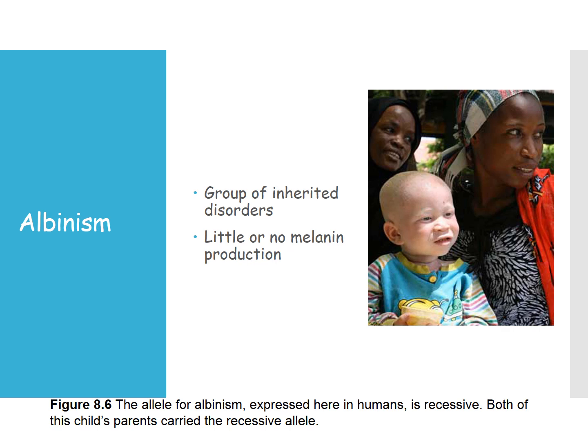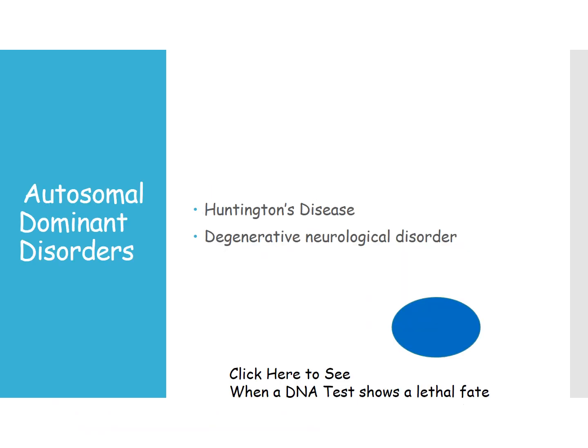So an individual may genetically be predisposed to very dark skin, but because they have albinism, it's almost as though the switch is turned off and they don't produce any of the pigment. Yes, the child shown here in the picture is related to the woman that's holding him. That's his mother. So while genetically he would have quite dark skin, because he's albino, he produces very minimal amounts of melanin pigment and has very, very pale skin.